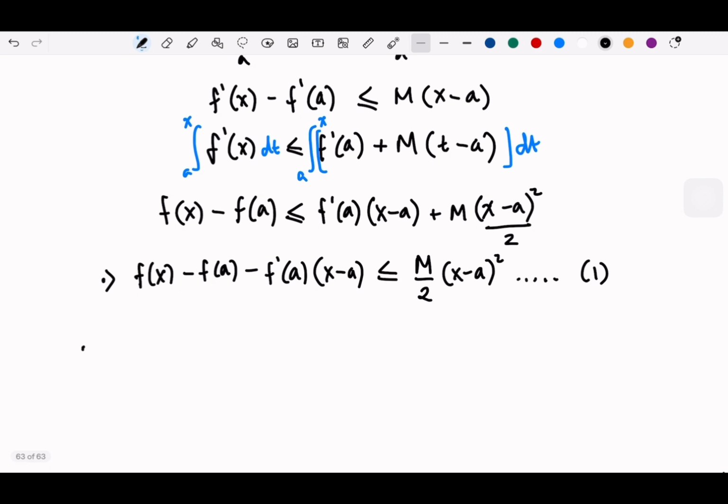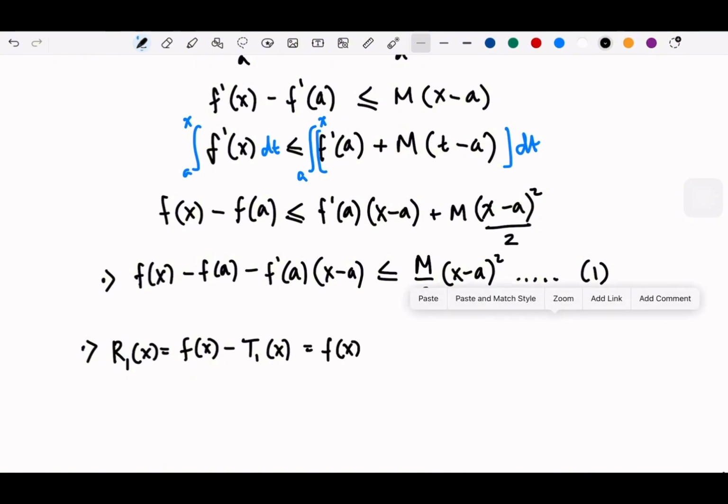Now let's see the second equation that we would like to compare. We take the R1, the R1 of x, which is going to be f of x minus T1. Remember, T1 is the first-degree Taylor polynomial. So we will try to compare. This will be f of x minus f of a minus f prime of a times (x - a), only the T1.